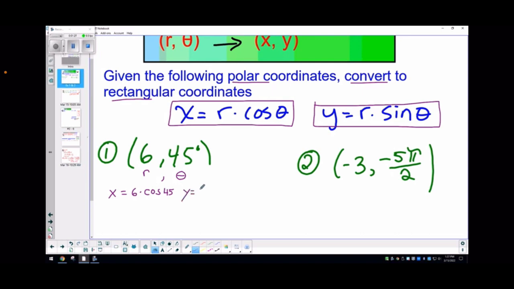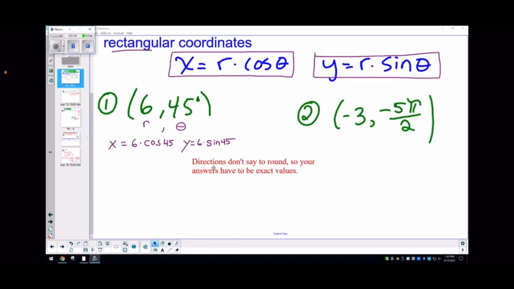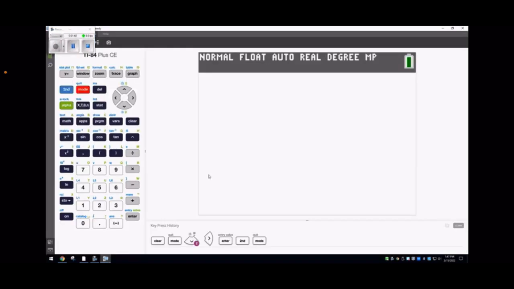So we'll get y equals 6 times the sine of 45. Okay, now the directions don't say to round, so this is where you have to be careful.